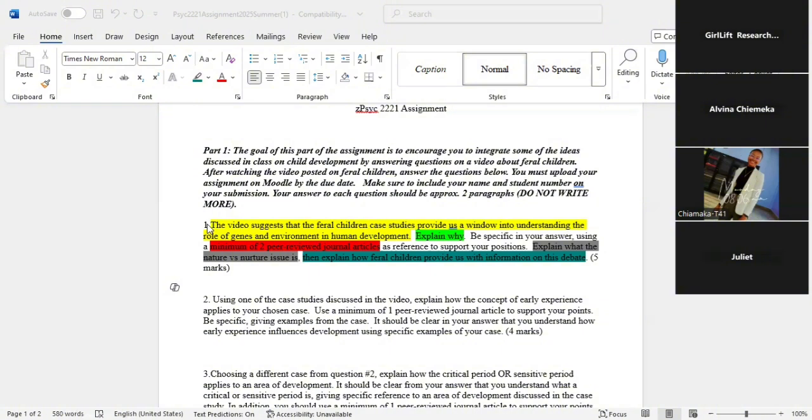Use a minimum of one peer-reviewed journal article to support your point. Be specific, giving examples from the case. It should be clear in your answer that you understand how early experience influences development using specific examples of your case.